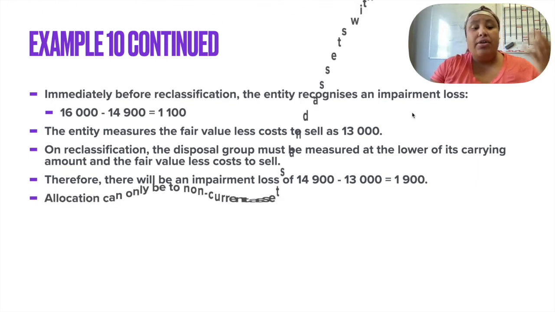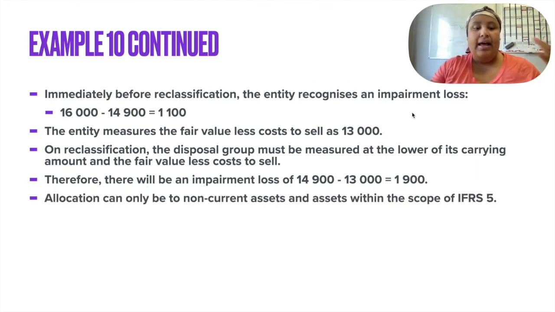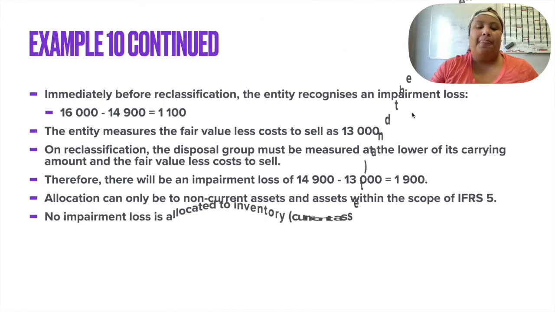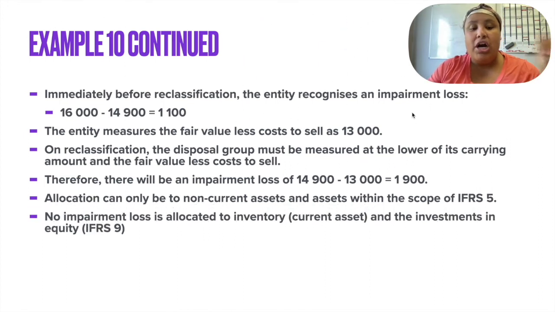Okay, so that impairment loss is going to be allocated to non-current assets, and only to non-current assets that are within the scope of IFRS 5. That's really important, and that's why we look at the scope right at the beginning. So that means that no impairment loss will be allocated to inventory because inventory is a current asset.